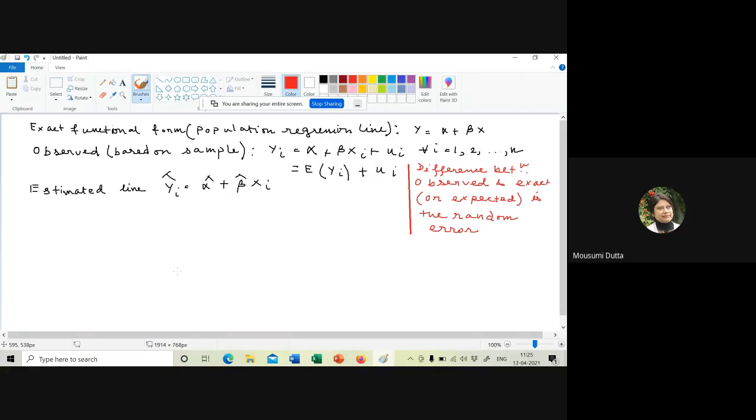However, in reality, actually, a number of explanatory variables work to explain the variation in y. From your micro theory, if you consider the simple demand curve, in that case, not only price of the commodity affects the demand, rather price of the substitutes, price of the complementary commodities, income, taste preference, age, gender, advertisement. There are many things which affect the demand for a particular commodity.